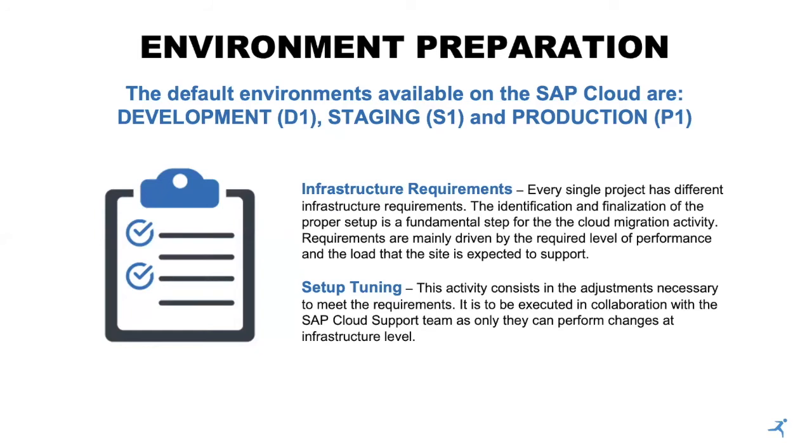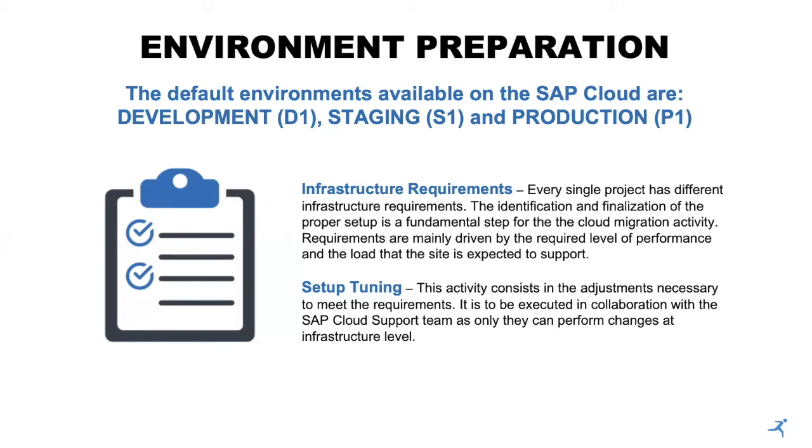By default, SAP Cloud comes with a development, a staging, and a production environment. It should be said that according to the license agreement, SAP can provide additional environments, for example, for each of the lower environments.